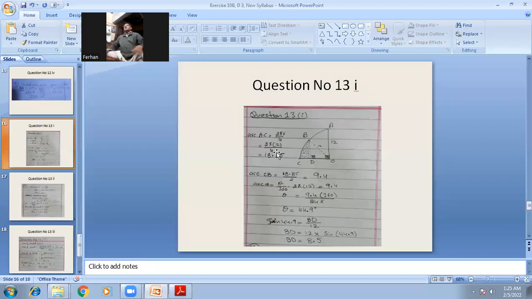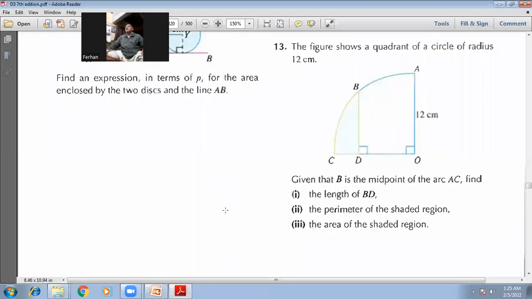Okay, so let me show you the next part of this question. The next part is find the perimeter of the shaded region. The perimeter of this shaded region includes the arc BC, which we already know. We have this straight line BD, which we already calculated in the first part. I want to know what this CD is.